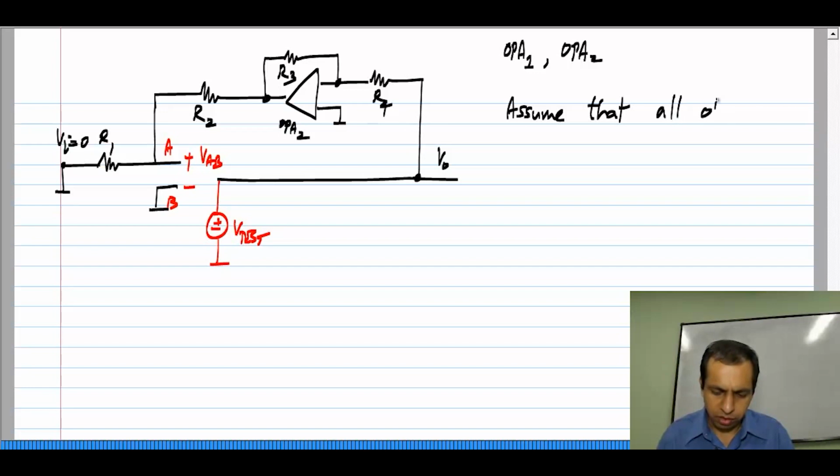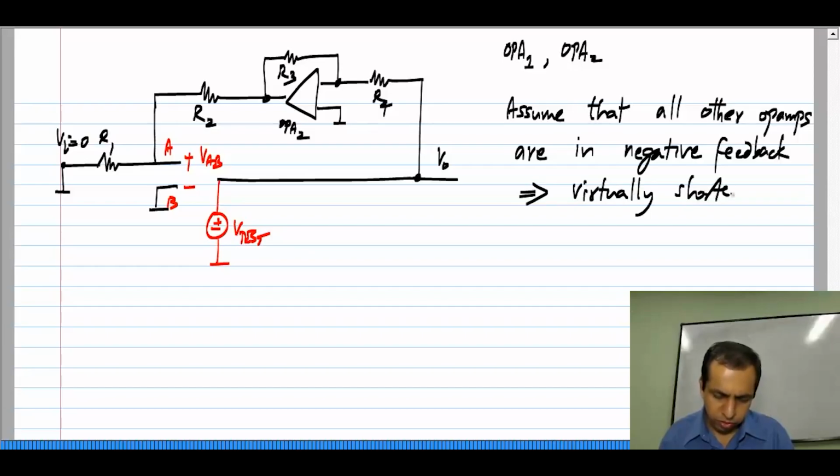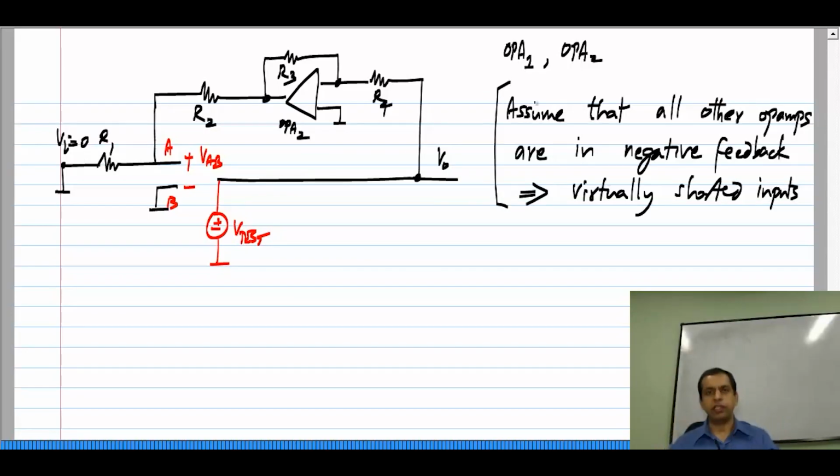So, in general, you assume that all other op-amps are in negative feedback, which means they have virtually shorted inputs.